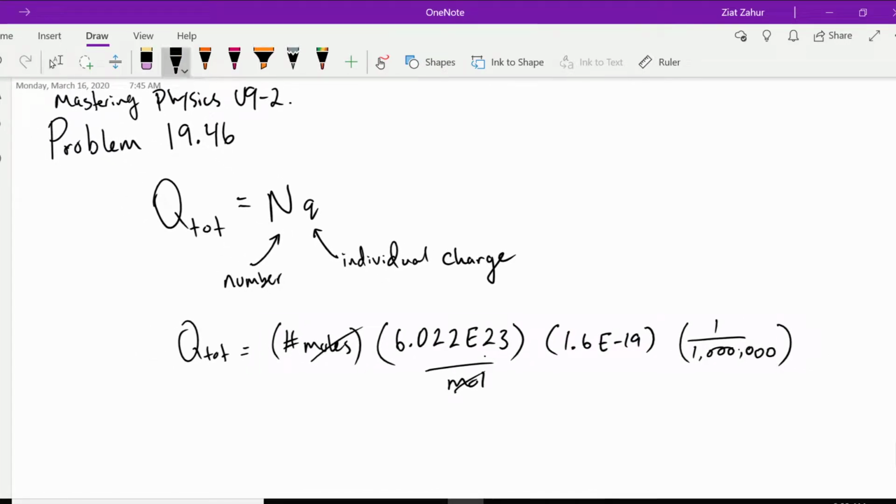So for example, of course your number may be different. Here it says 4.95 moles of oxygen molecules.